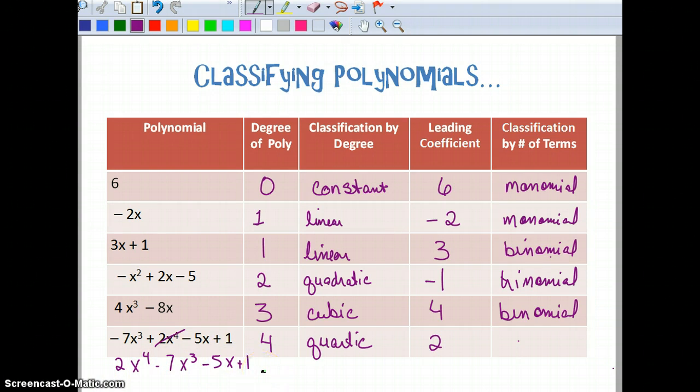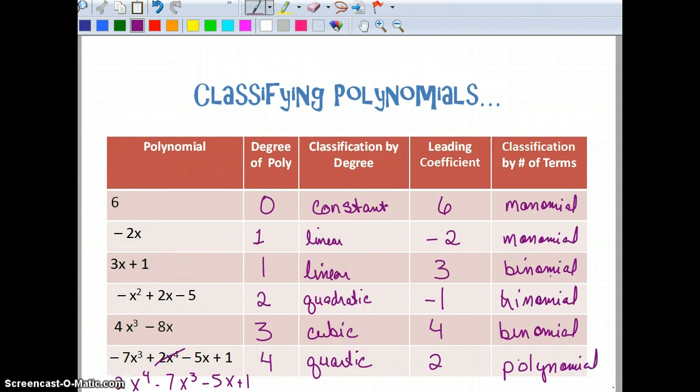Whenever you have 4 or more terms, you're just going to call it a polynomial. Okay, now there's just a lot to remember. Don't neglect being able to recognize these. It's going to be really important.